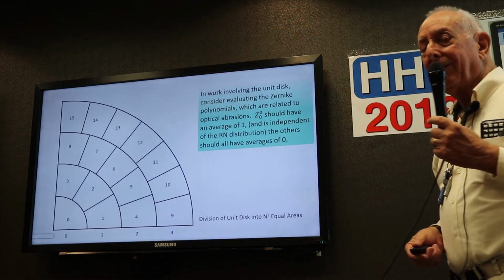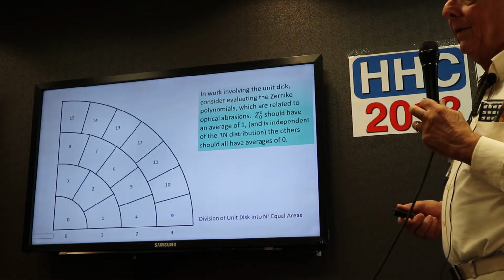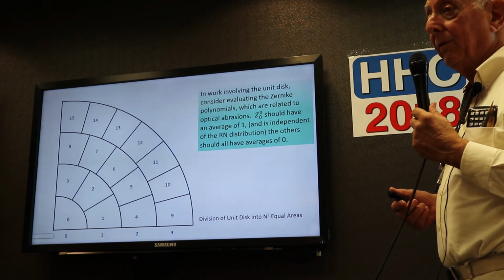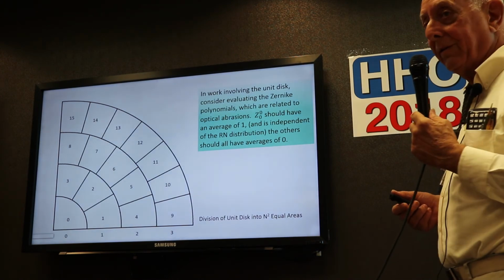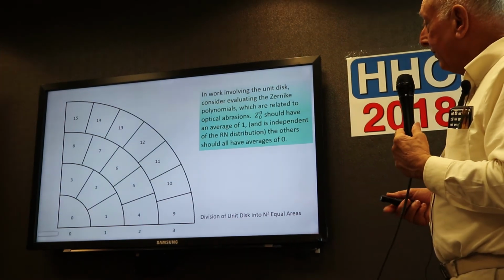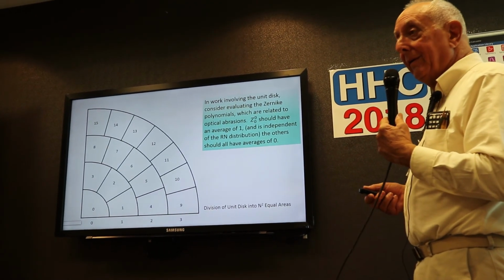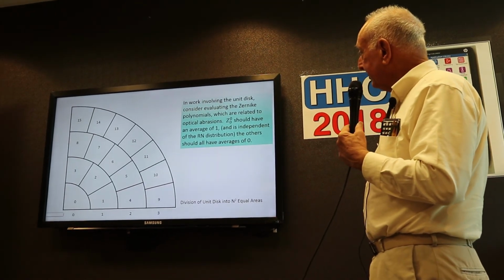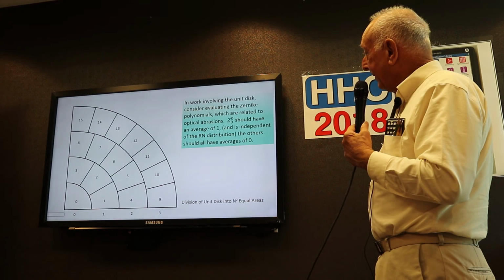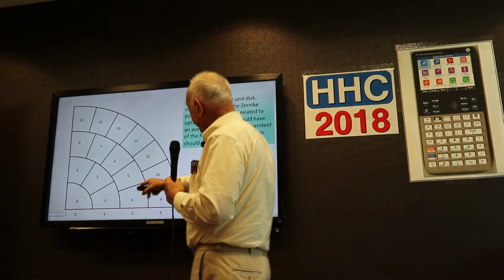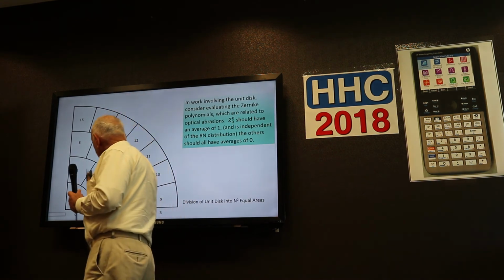Now, the other thing we sometimes like to have is points that are uniformly distributed on a disk. And so how do you divide the disk into areas of equal probability, equal area, to calculate the bins? And if you notice here, you have 1, 3, 5, 7.